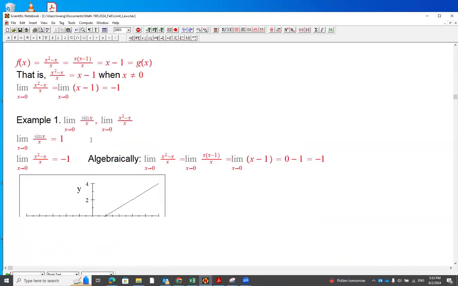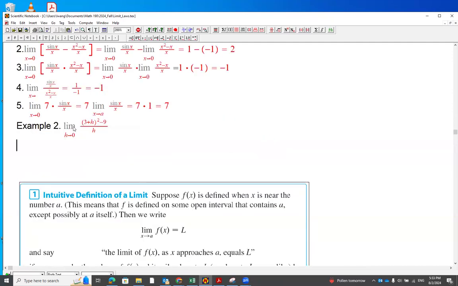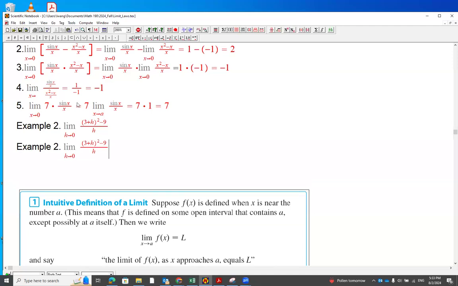So we're going to use our algebraic technique. In our algebraic technique, we're going to FOIL the numerator, and 3 plus h squared is going to equal 9 plus 6h plus h squared. Okay, continue. We will get 9 and 9 reduced.